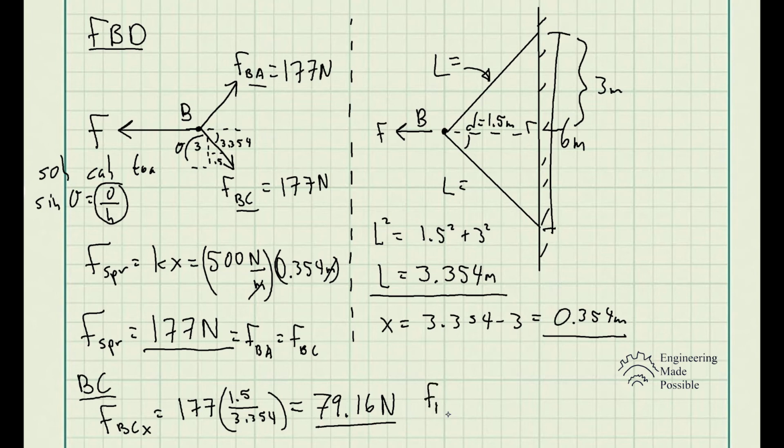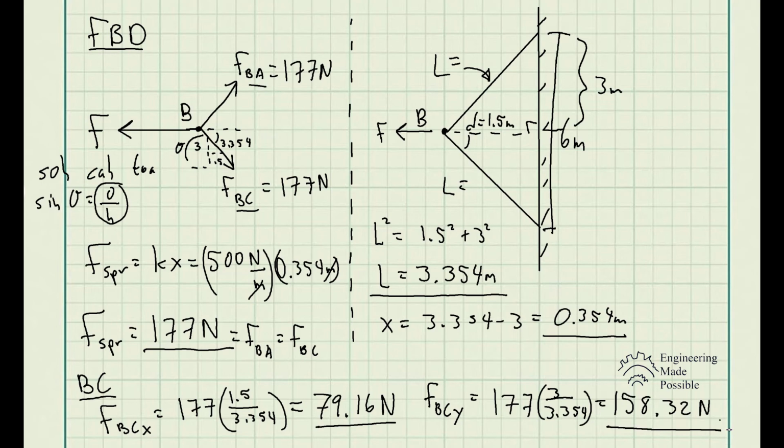So F BC along the y direction is equal to 177. In this case it is going to be sine theta, which is opposite over hypotenuse, so opposite over 3.354, which is 158.32 newtons.